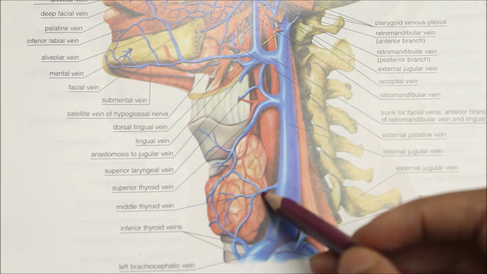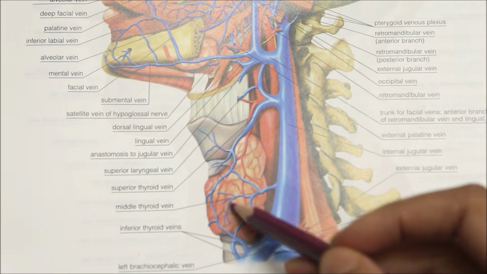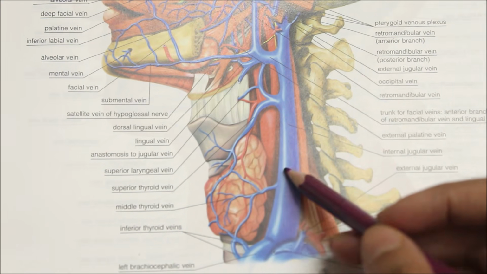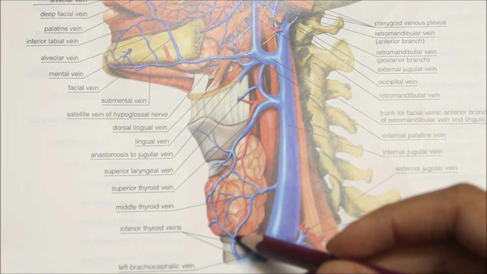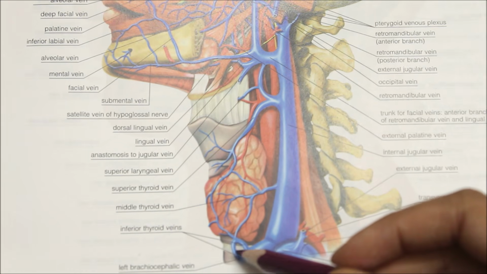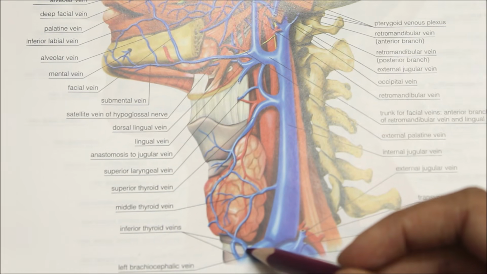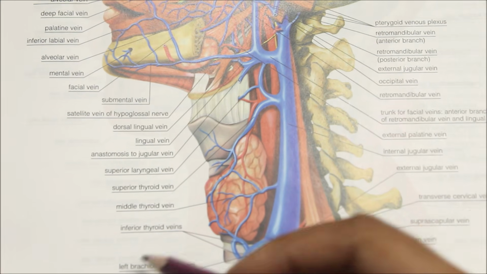The middle thyroid vein is a short wide channel which emerges at the middle of the lobe and soon enters the internal jugular vein. The inferior thyroid vein that you see right here emerges at the lower border of the isthmus. They form a plexus in front of the trachea and drain into the left brachiocephalic vein, as you see right here.